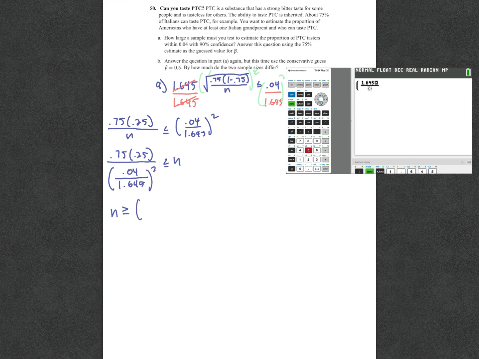So that'll be 1.645 over 0.04 squared, and then times that by the top. So keep the top the same, change it to multiplication, and then flip this fraction. Even though it's squared, you can still flip it. And this will just be 0.75 times 1 minus 0.75, 0.25.